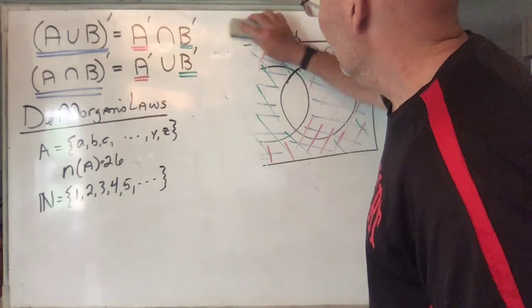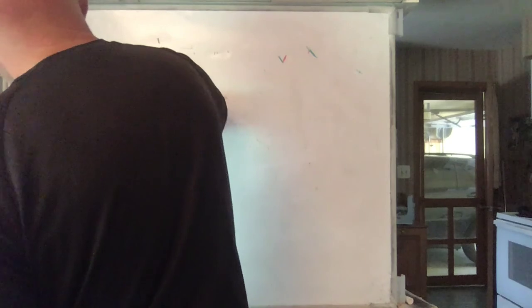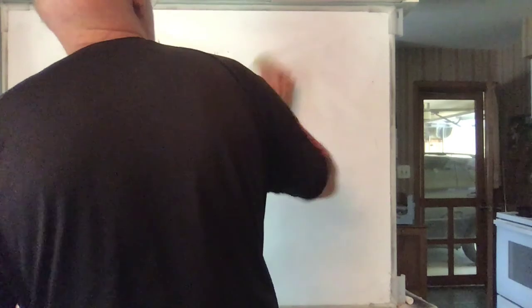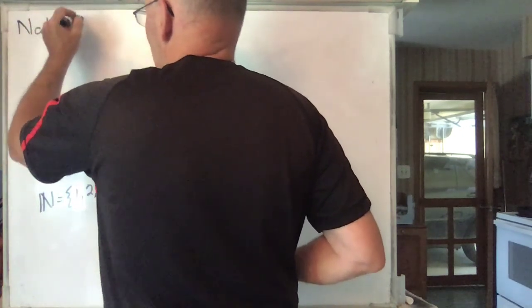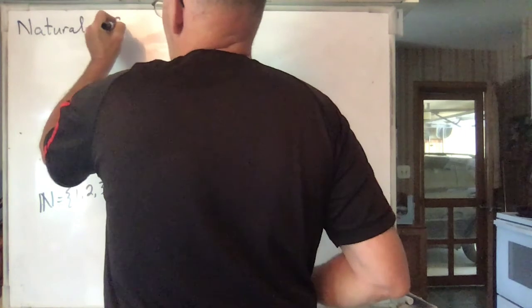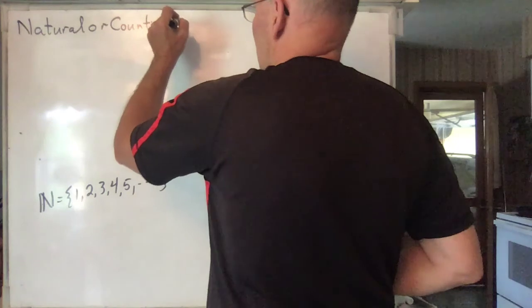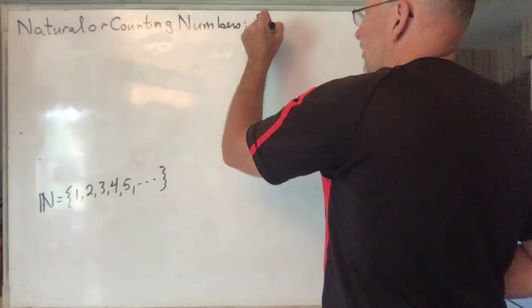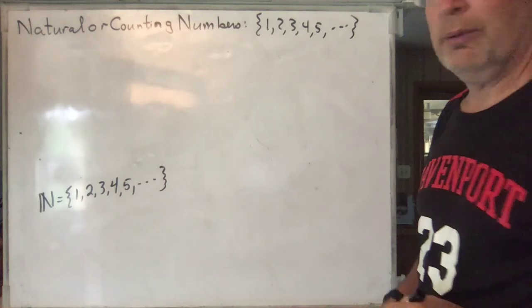Okay? And let's just take a moment to learn about some of the important infinite sets. In fact, I'll rewrite that one up on top. That's called the set of natural numbers, sometimes also called the counting numbers. And as I say, that's the set 1, 2, 3, 4, 5, and so on.